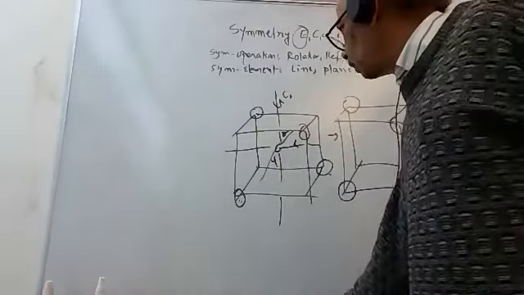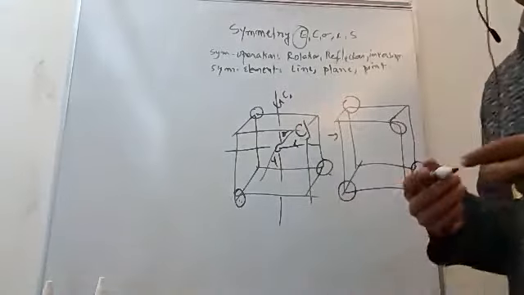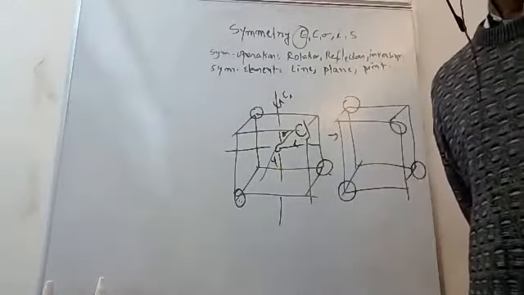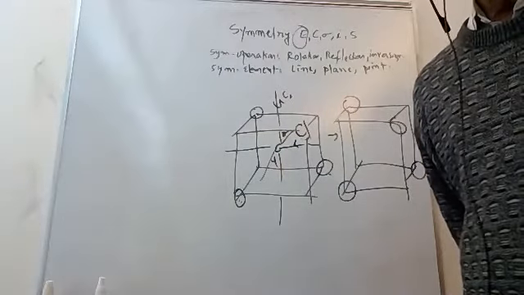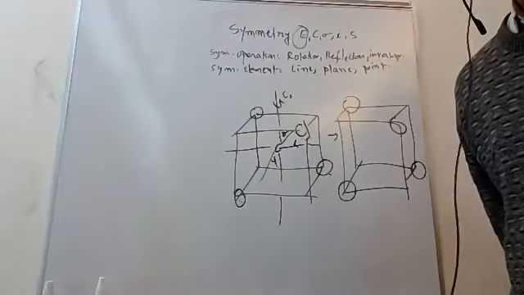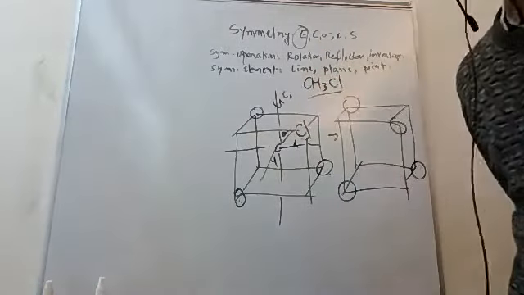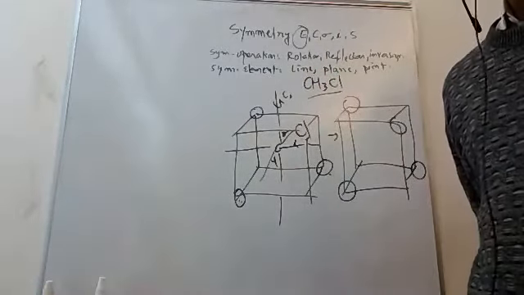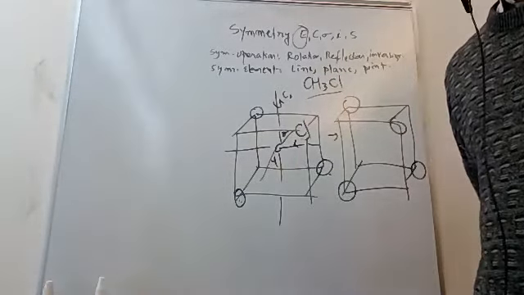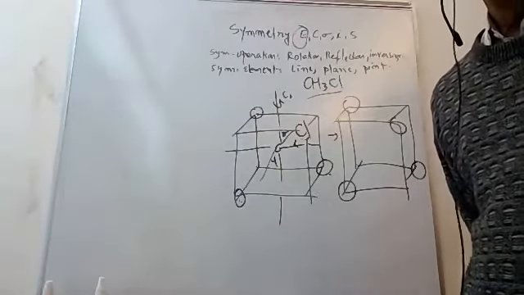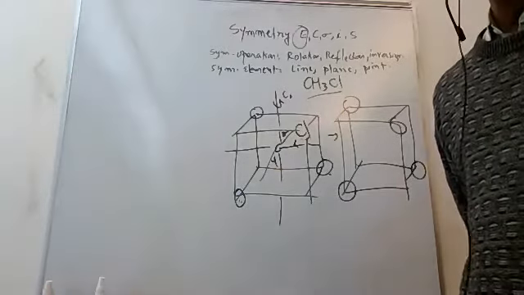The question is, suppose I were to replace one of the hydrogens with a chlorine, do I have a C2 now? No. You lose it. So CH3Cl does not have a C2, but does it have any C3? Remember in methane, we have 4 C3s, right?